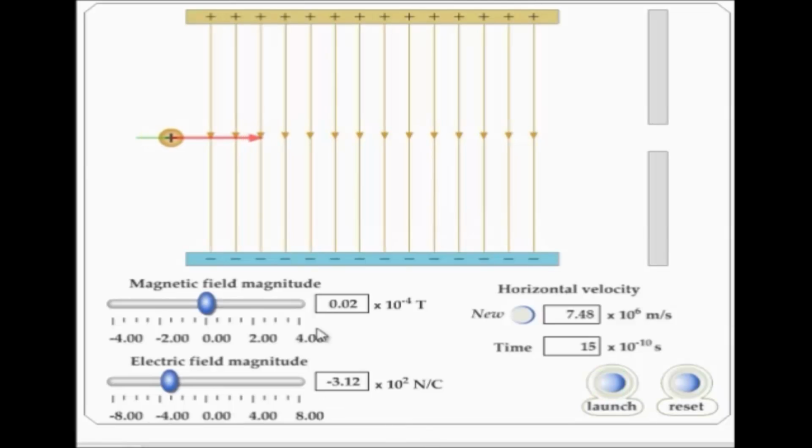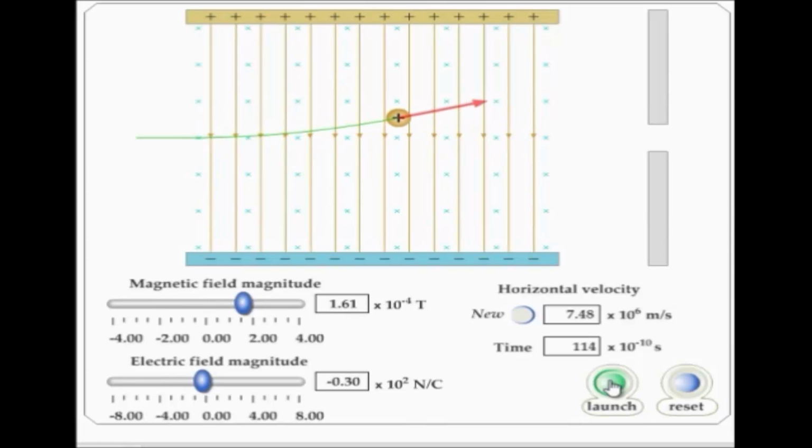Okay, so let's start and run our simulation program when the electric field is zero but the magnetic field has some value. So launch this particle. The action of the magnetic field makes the particle follow a curved trajectory, the radius of which depends on the mass and the value of the magnetic field.